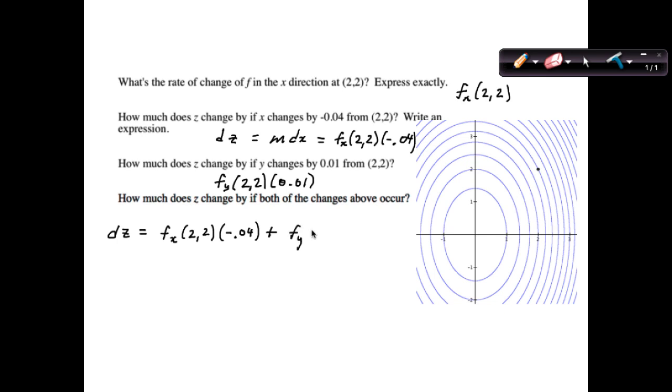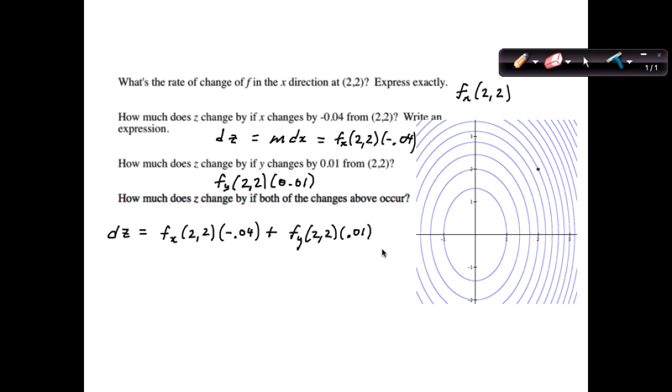But you got to have the right m's, right? So you got to have the right rate. You're going to have the change in z that resulted from the change of negative 0.04 in x, and for that you use the partial with respect to x, that rate of change. And you're going to have the change in z that resulted from the change in y. To get that, you need the partial with respect to y, that rate of change.